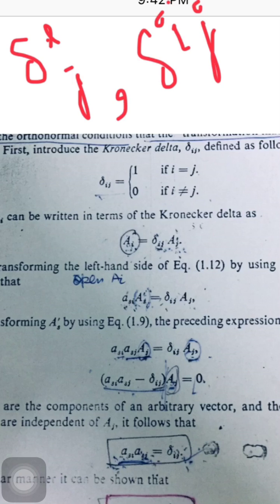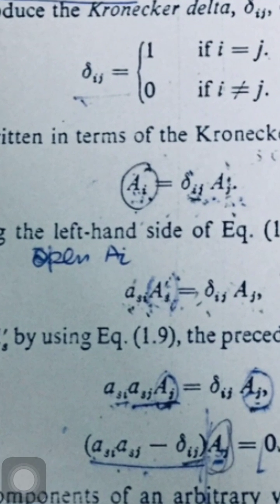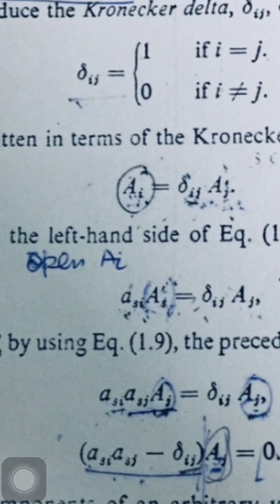Transforming the left hand side, meaning the a_i dash, from the transformation law we can write a_i' is equal to a_ij a_j.